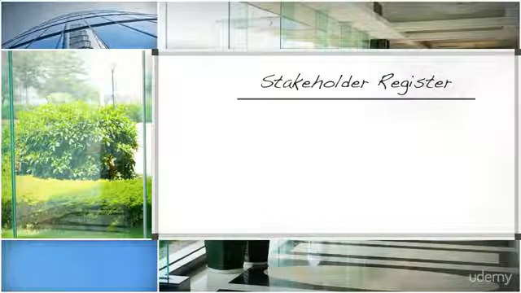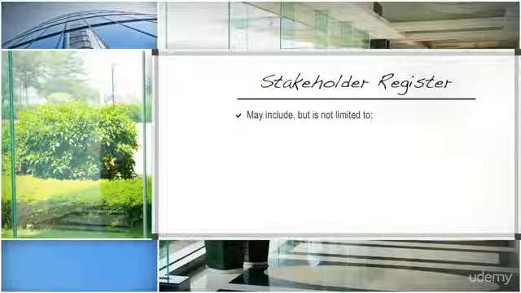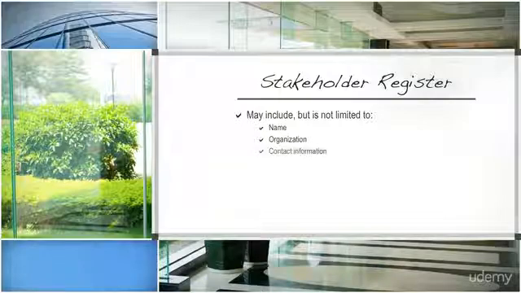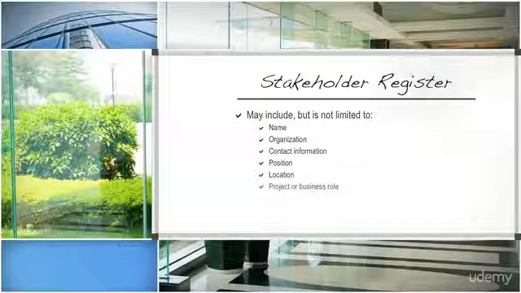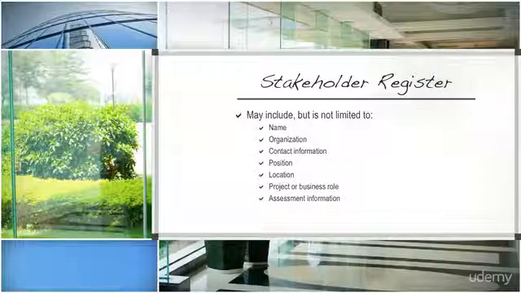The stakeholder register contains details pertaining to each stakeholder that a project manager would need. Details such as name, organization, contact information, position in the firm, location, and role in the project or business. We can also have assessment information, which is the product of the stakeholder analysis.